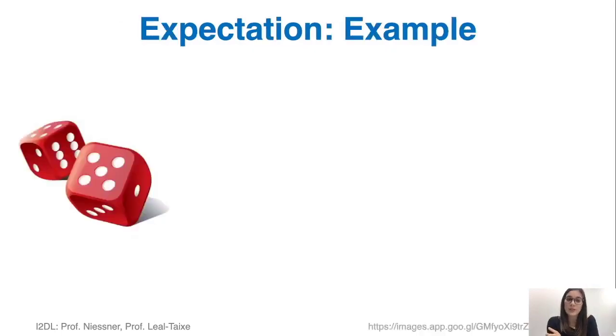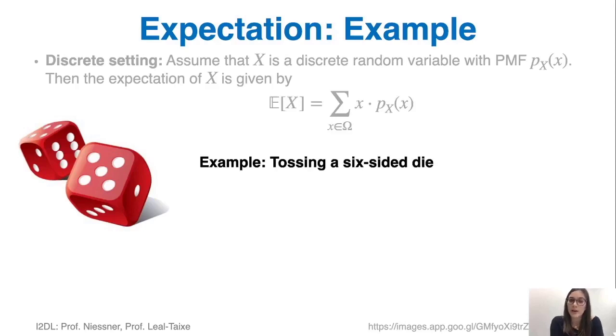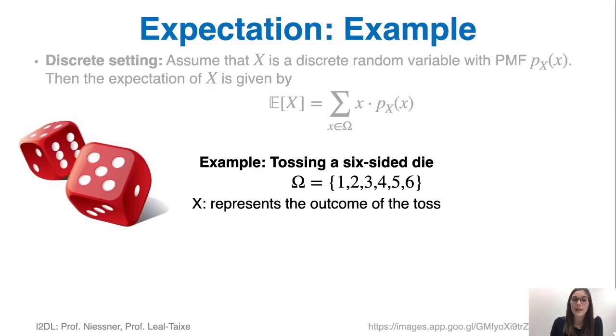Now I included an example for expectation, and again I included first of all the definition in our discrete case. Now we want to look at our random experiment of tossing a 6-sided die. As we knew from the previous slides, our omega is now the set of 1, 2, 3, 4, 5 and 6, because these are all the possible outcomes that our experiment has, and X is the random variable which represents the outcome of the toss, just the number which is shown on the die.